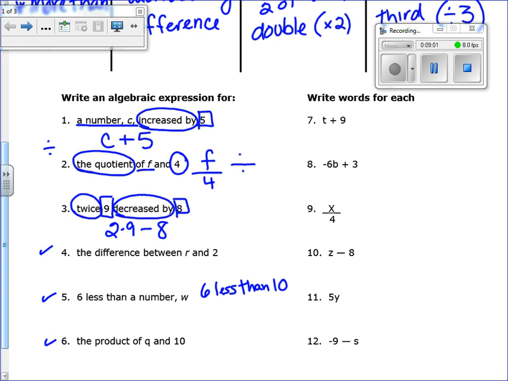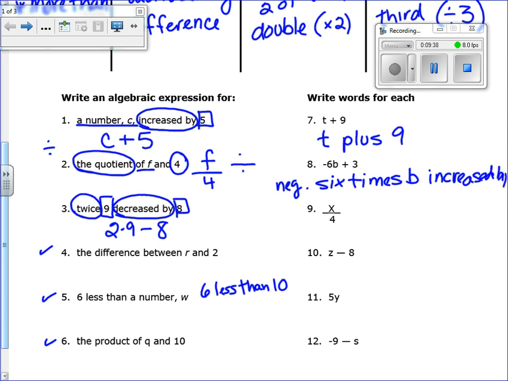All right, let's go ahead and do a couple over here for 7, 8, and 9. So for 7, I could say T plus 9, right? I could say 6 times negative 6 times B increased by 3.